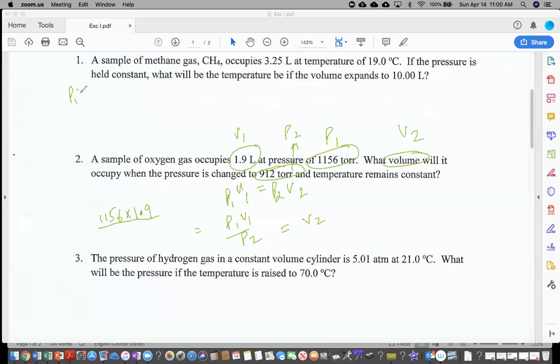So let's say P1 V1 over T1 is P2 V2 over T2. When you isolate T2, T2 is going to be equal to P2 V2 over P1 V1, and then times T1. When students are plugging in P2 V2, or when they need to plug in T1, they will mistakenly put P1 V1 on top.